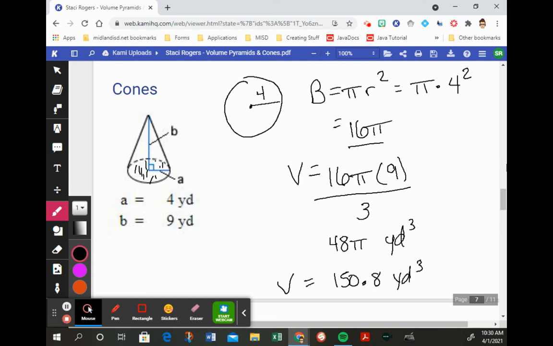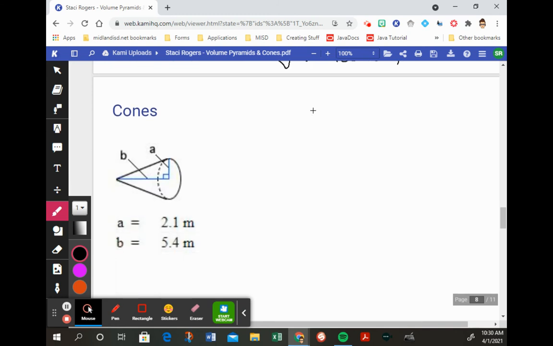Let's try another one. So we have cones again. We have a circle. I'm not going to draw it this time. But we know that big B is equal to pi r squared. And r is equal to A. This is my r.